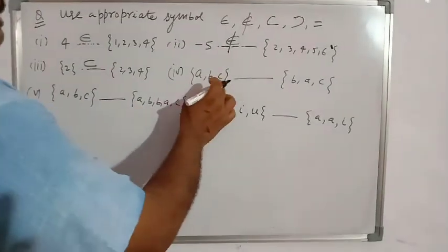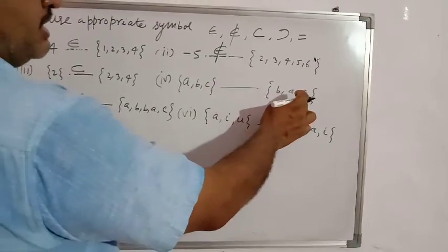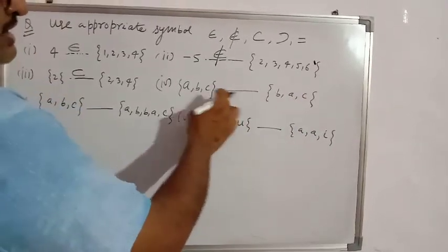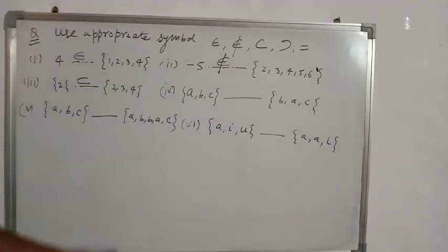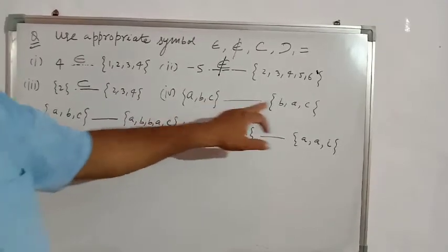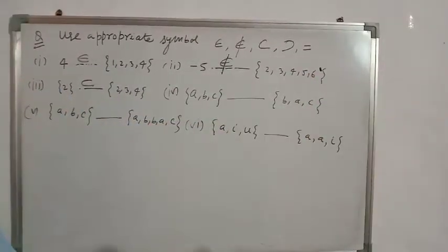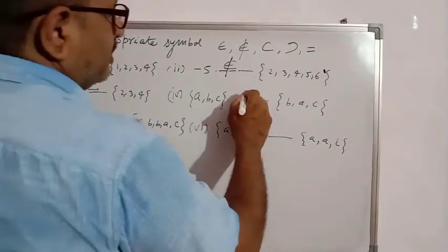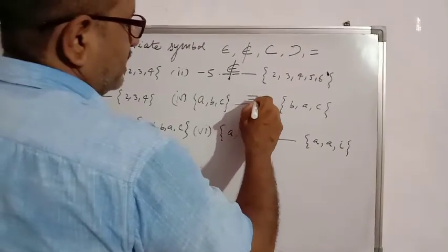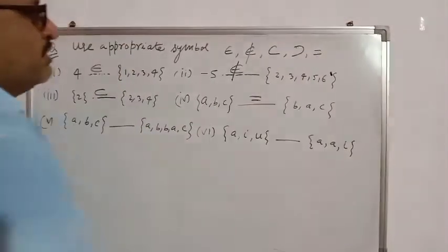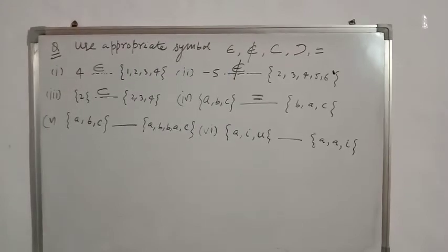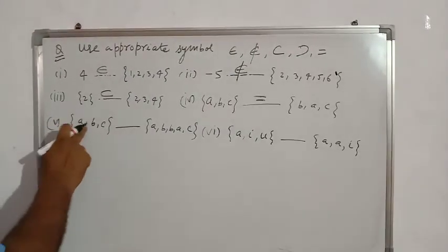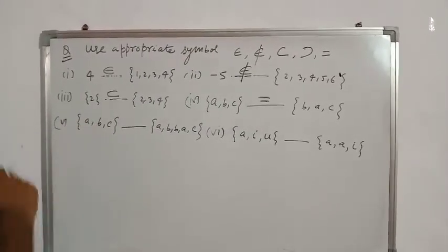Here ABC is one set, BAC is another set. We see that both sets have exactly the same elements. ABC is present here, ABC is also present here. It means both sets are equal. We will put the equal sign here. Both sets are equal. Fifth one: this set contains 3 elements, ABC.